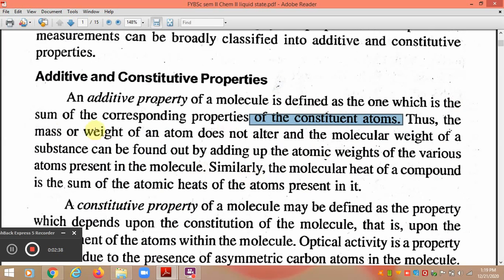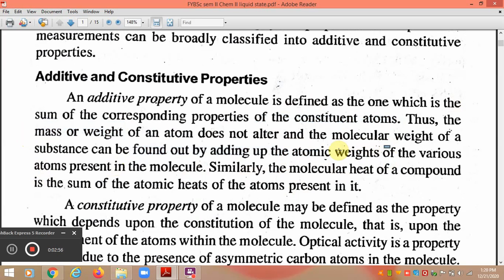For example, take the molecular mass. The weight of an atom does not change, and the molecular weight of the substance can be obtained by taking the sum of the atomic weights of all the atoms present in the molecule.